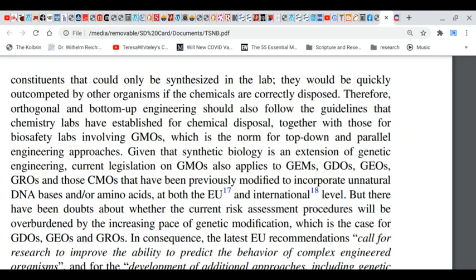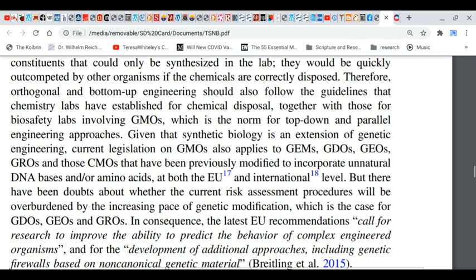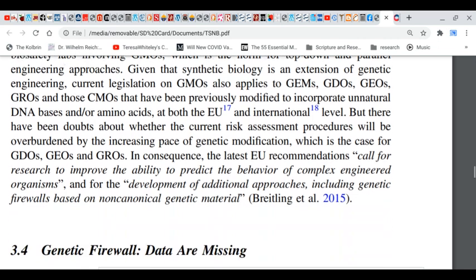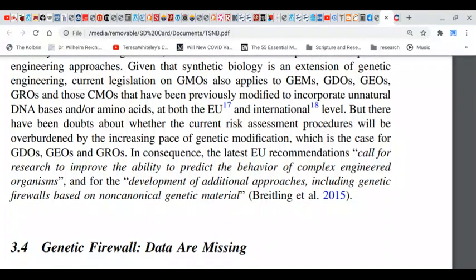But there have been doubts about whether the current risk assessment procedures would be overburdened by the increasing pace of genetic modification, which is the case for GDOs, GEOs, and GROs. In consequence, the latest EU recommendations call for research to improve the ability to predict the behavior of complex engineered organisms and for the development of additional approaches, including genetic firewalls based on non canonical genetic material.